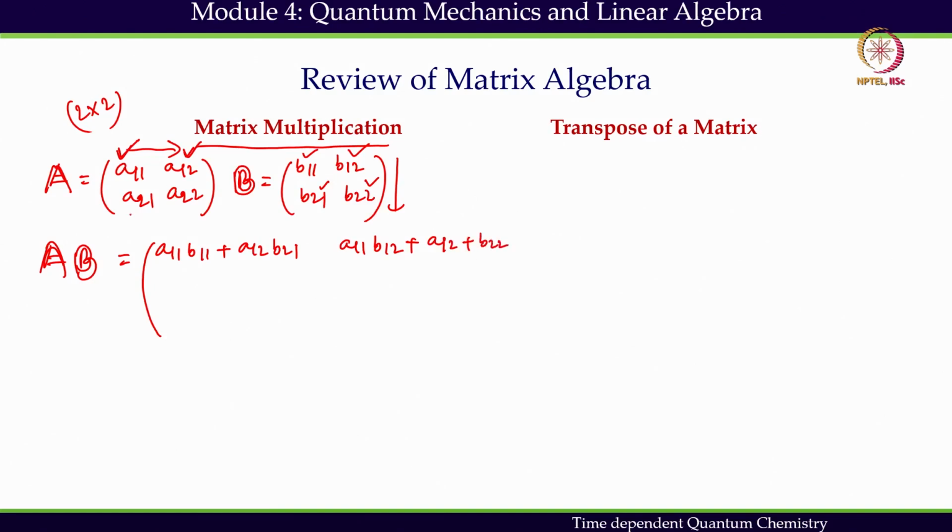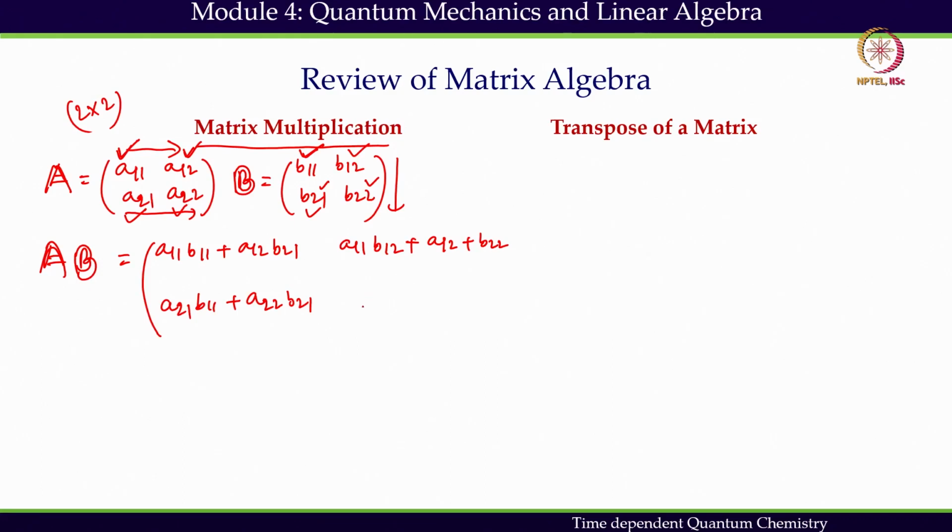Next, I will multiply A21 and B11, plus I will multiply A22 and B21.